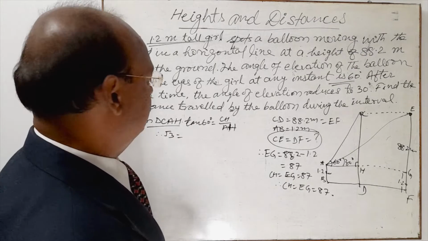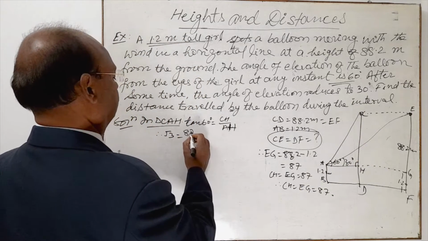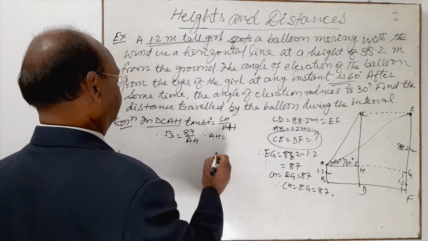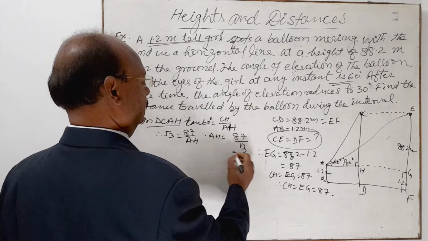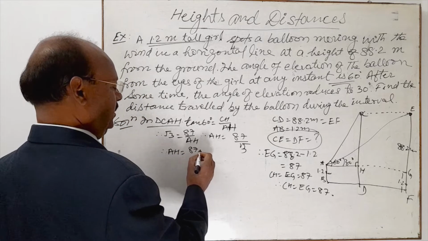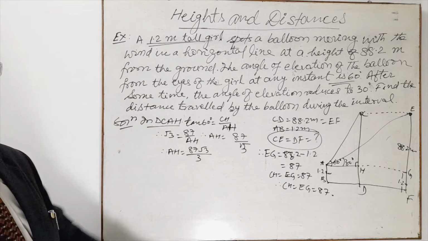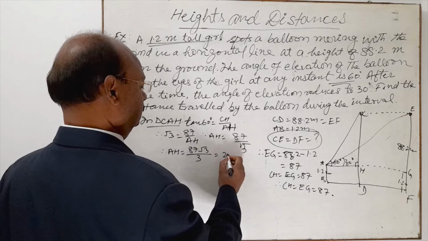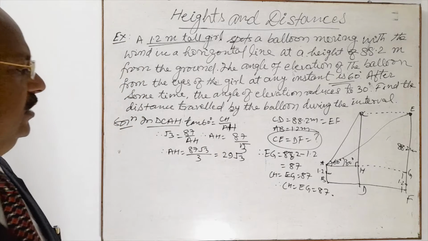So root 3 is equal to CH upon AH, and CH is 87 by AH. And therefore, AH is equal to 87 by root 3. You simplify it, and therefore AH is equal to 87 root 3 upon 3, multiplying numerator and denominator by root 3. So this is equal to 29 root 3. AH is equal to 29 root 3.